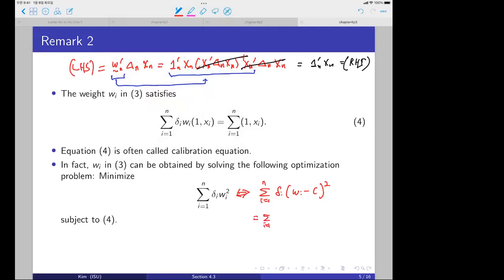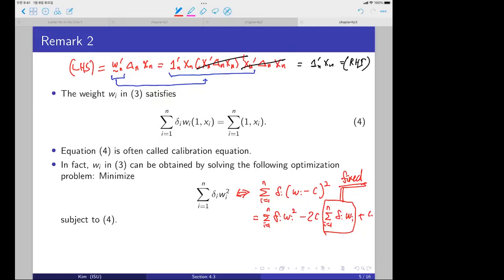So my point is, the expansion gives the sum of delta i wi squared, minus 2c times the sum of delta i wi, plus c, whatever constant. This guy is fixed in the constraint, so minimizing this one and minimizing this one is the same thing.